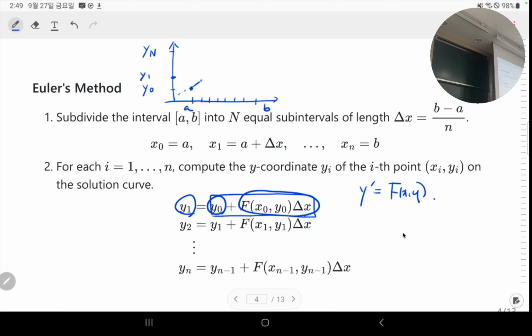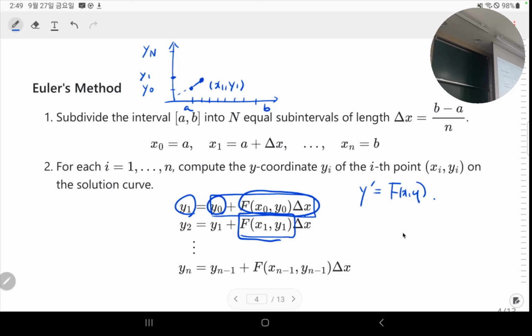I think about the rate of change at this point again, at x1 and y1, and think about how fast the function increases at that point. That's given by this formula. Multiplying by delta x gives you the increment of y. If I add that increment to y1, I get the next y.